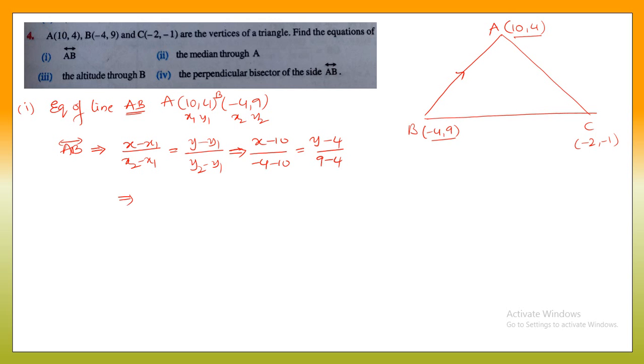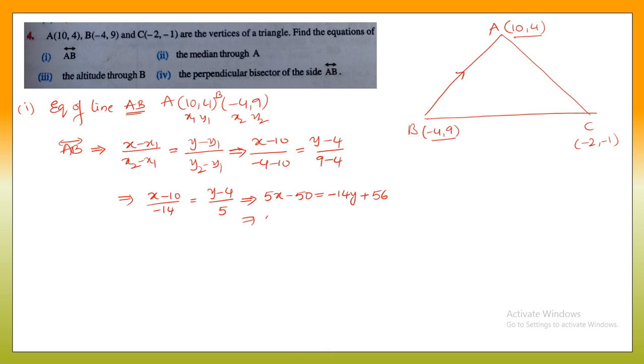On simplification, (x - 10)/(-14) = (y - 4)/5, since 9 minus 4 is 5. When I do cross multiplication, 5x - 50 = -14y + 14 fours. Is that 96? 4 fours are 16, so not 96, it is 56, right?